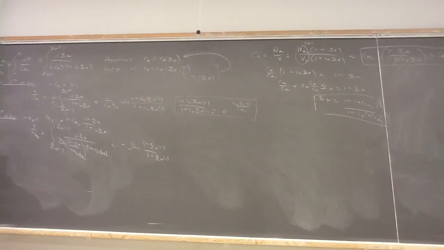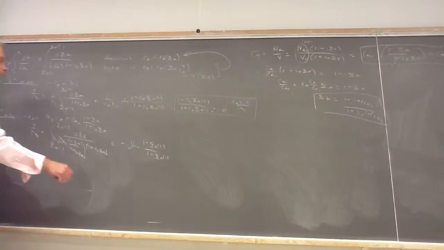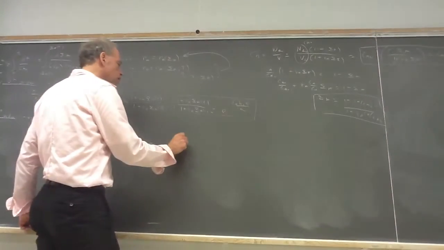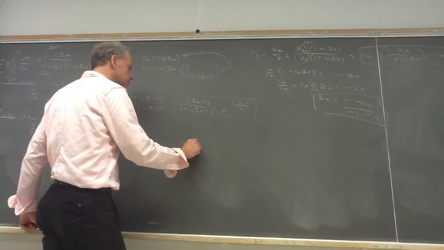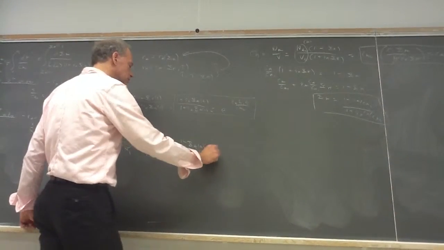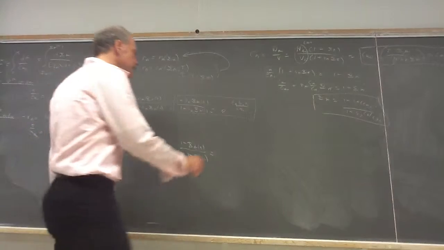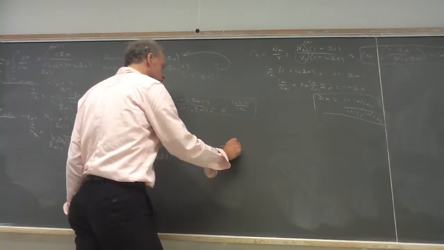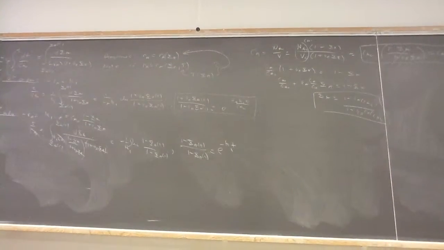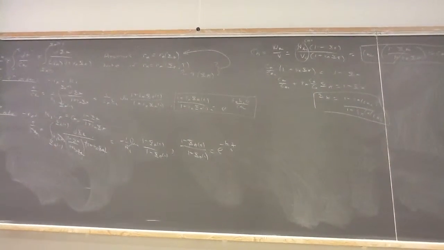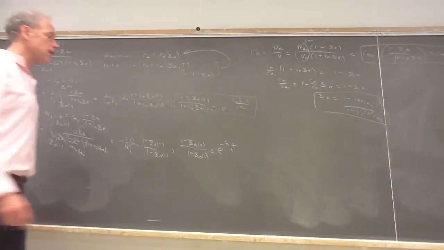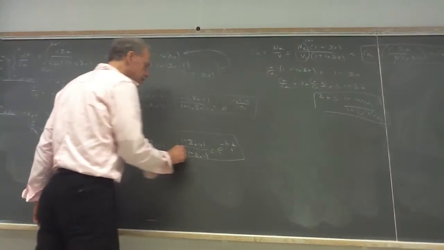And I lost a k. There was a k, k1. Or 1 minus XA of t over 1 minus XA of 0 is equal to e to the minus k1t. And notice here it's an exponential with the minus. And just to make this recognizable, I'm going to multiply top and bottom by NA0.